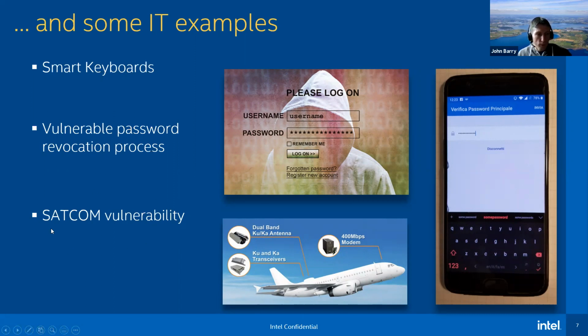And another one which is scarily, that was discovered in aviation, was that the onboard Wi-Fi, some of the routers and some of the comms equipment related to that, just used the default passwords that were shipped with the equipment, which allowed access to the onboard network.